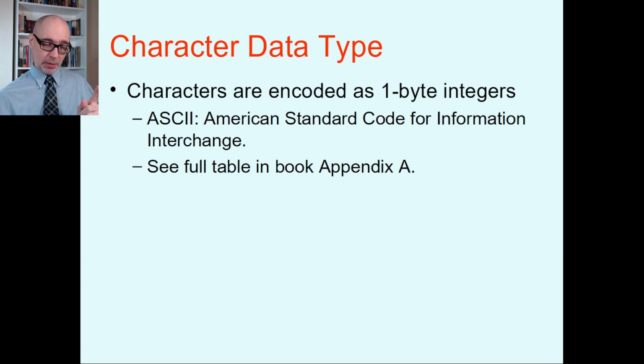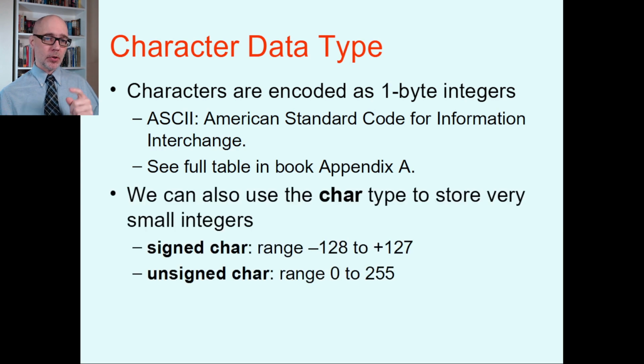Now, in addition to character data, you can also use a char to store very small integers. It's technically a number. So you could request a signed char, which allows you to store positive or negative small numbers, or you could ask for an unsigned char that only gives you positives. Let's think about that just for a second. Again, chars are stored as 1 byte.